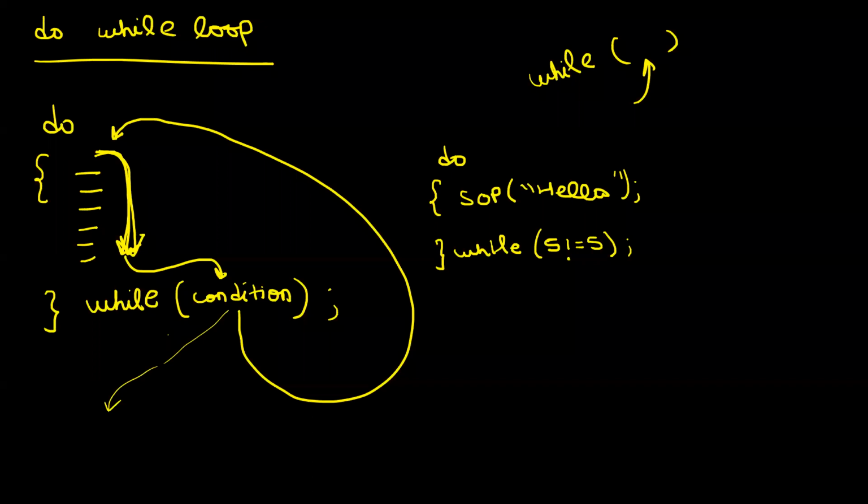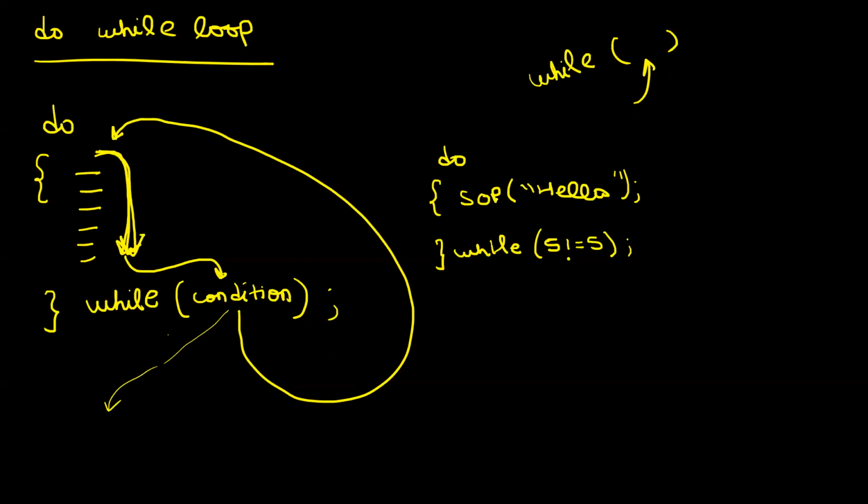Now you see that the condition of the while loop is false. 5 is not equal to 5, that's false. So even if the condition of the while statement is false, still hello will be printed once. We didn't use a break. When the condition evaluates to false, you just come outside the do while block entirely.